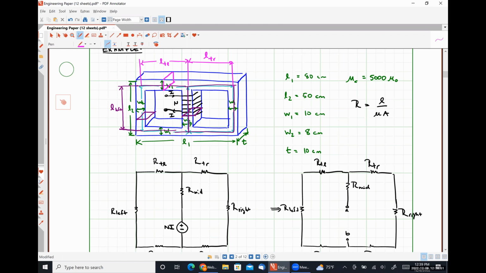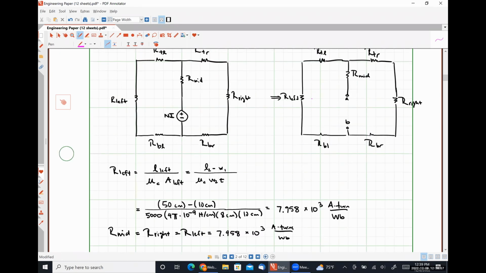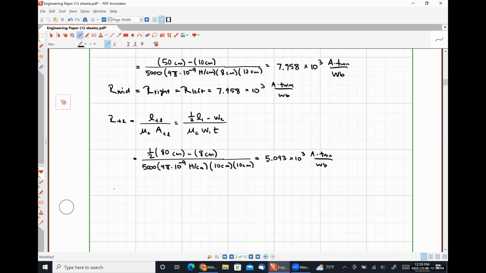And we could apply the exact same logic to our bottom paths as well. And we would find that R top right will be equal to R bottom left, will be equal to R bottom right, will be equal to what we found for the top left. And so all of these are 5.093 times 10 to the third amp turns per Weber. Is everybody okay with that?